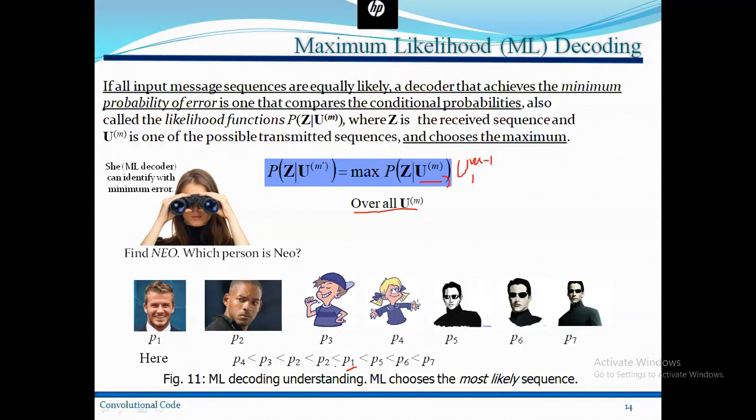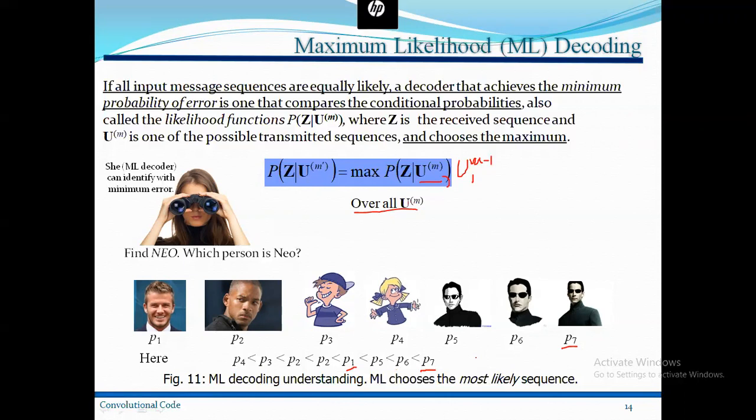P1 is the probability that the person is more likely to be the real person, and the highest probability goes to the real person, which is P7.